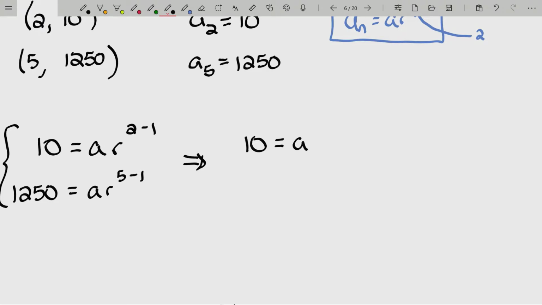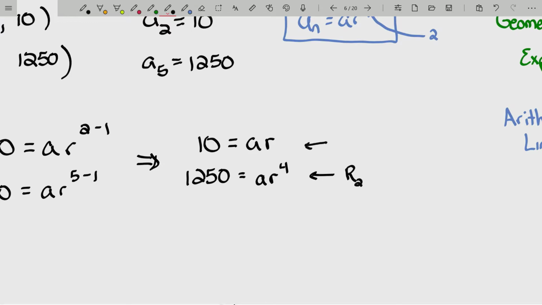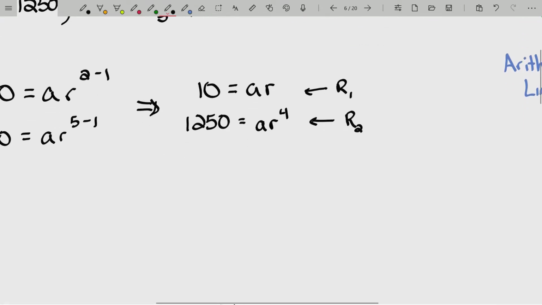This is 10 is equal to AR to the first, and 1250 is equal to AR to the fourth. And then I will take the one with the greatest power on R. So this is, I'll call it row 2, and this is row 1. I'll take row 2 and divide it by row 1.